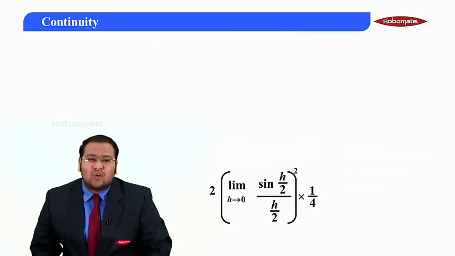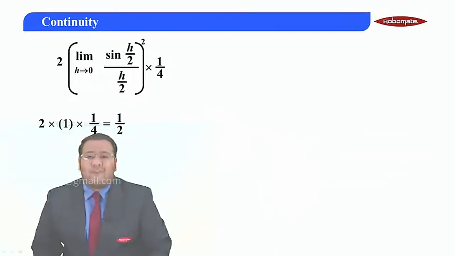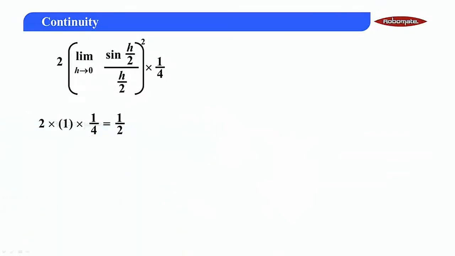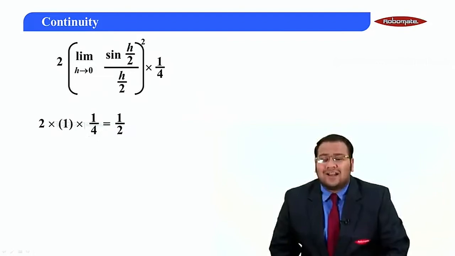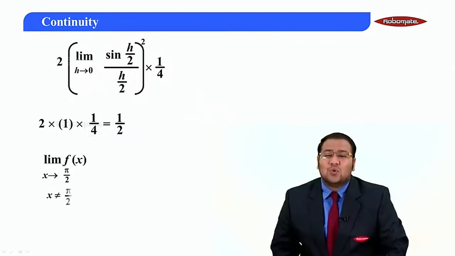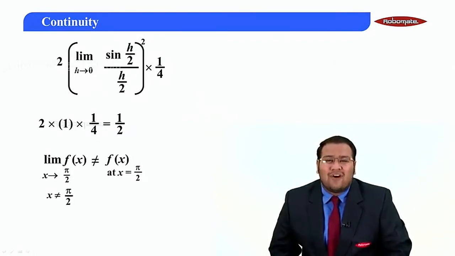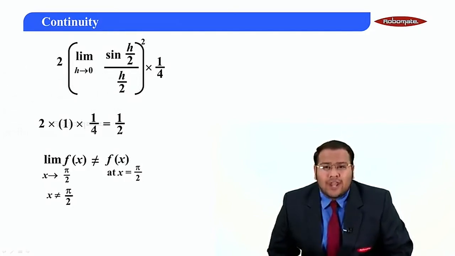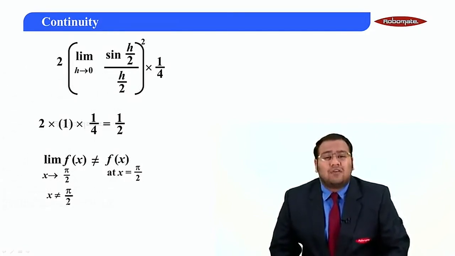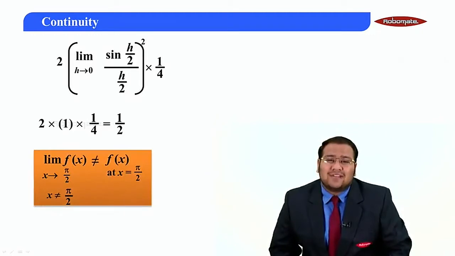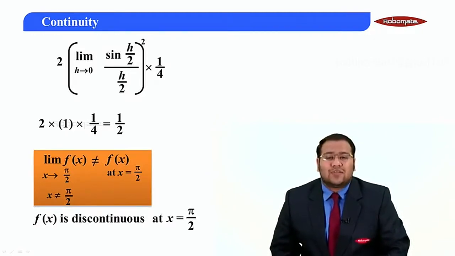So the equation would be 2 into 1 by 4. That is 2 is getting cancelled with 4. So the answer which you get would be 1 by 2. We already know limit f of x is not equal to f of x at x equal to pi by 2, and hence I can say that it is discontinuous at x equal to pi by 2.